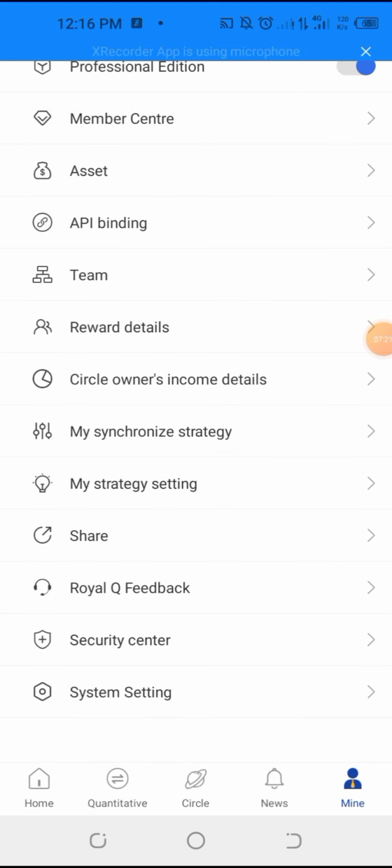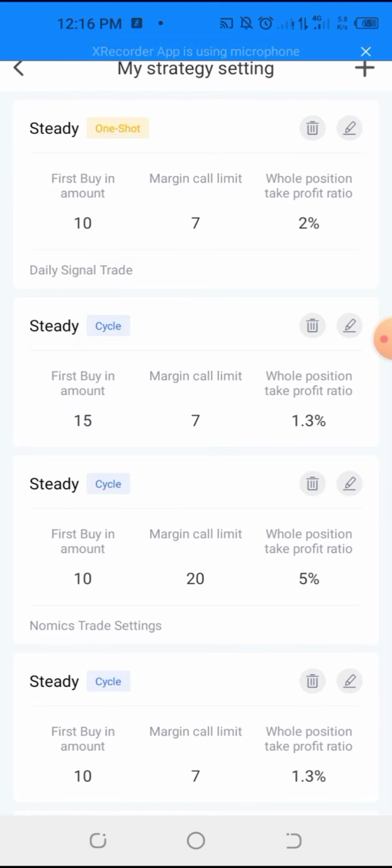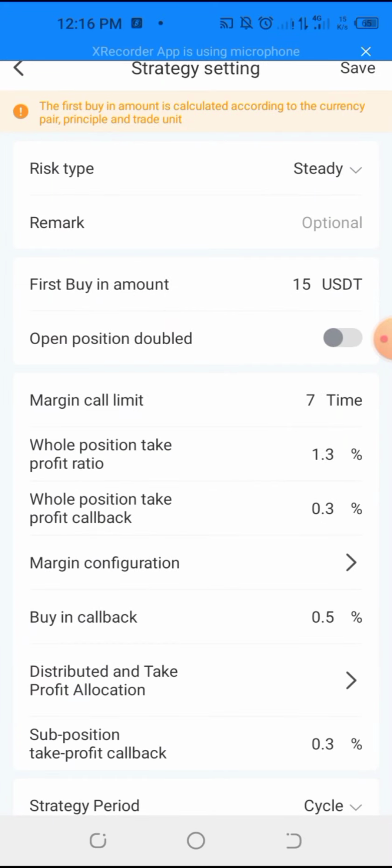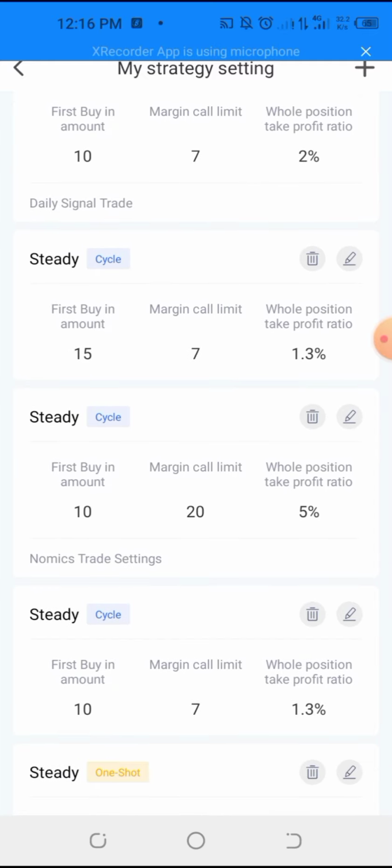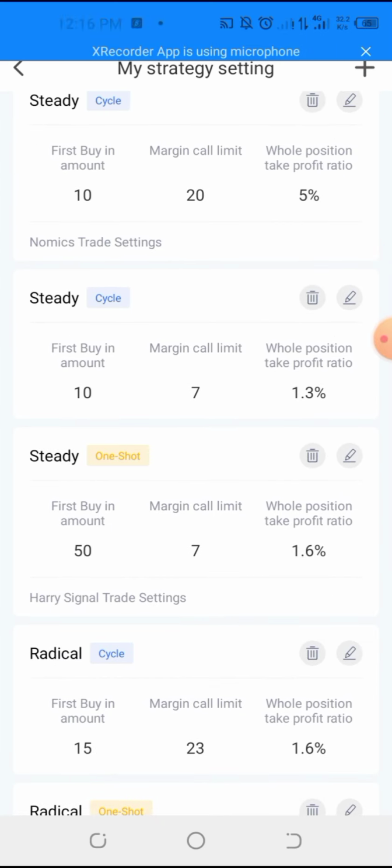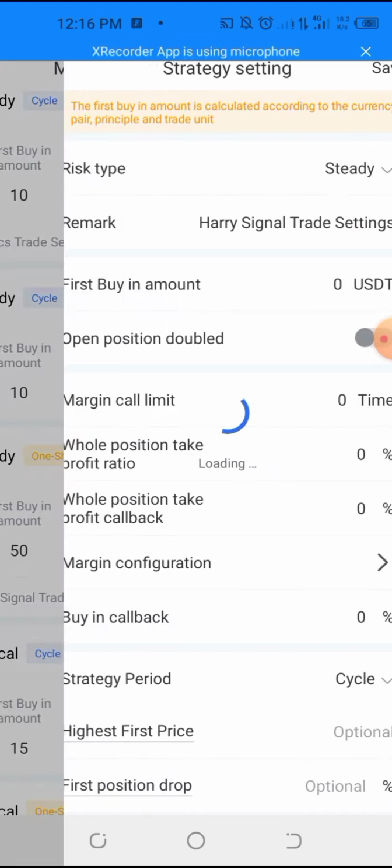So when you want to set up your strategy, go to my strategy settings, then click the plus sign up there to set up your strategy setting. But I want to show the strategy setting I'm using. This one, the strategy I use frequently. Let me just click on it. Just observe.